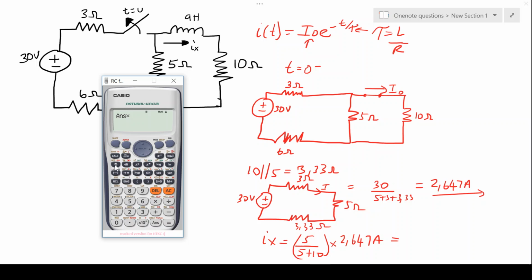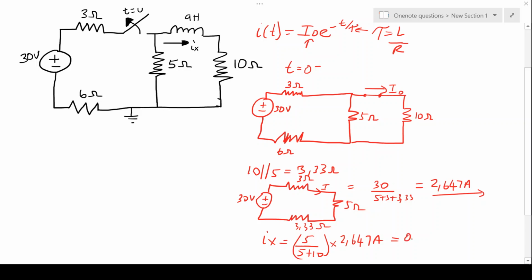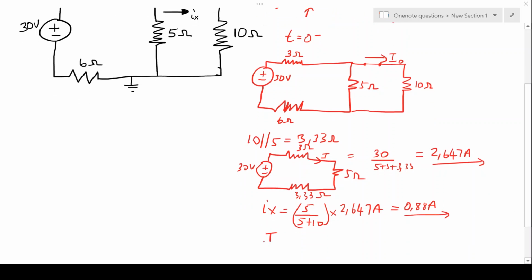So we multiply that by 5 over 5 plus 10, and that gives us a current value of 0.88 amps. Right, so that is the initial current. So I0 is going to give you 0.88 amps.